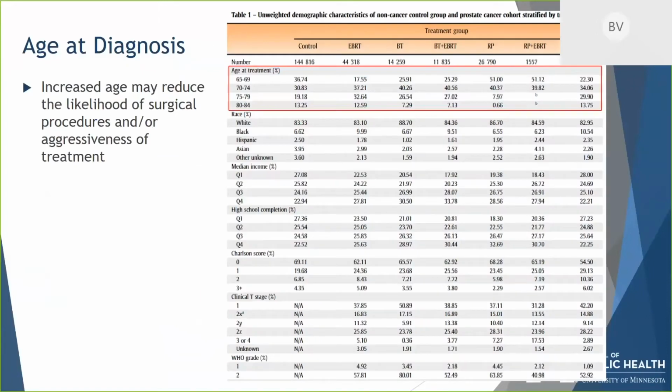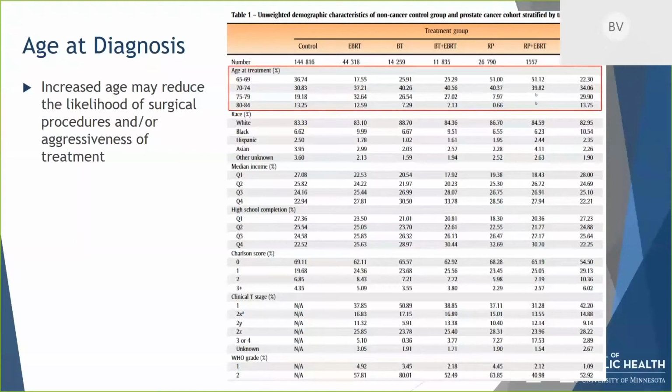So for our population, one of the reasons that you may want to include age in your treatment group descriptions is that we found increased age may reduce the likelihood of surgical procedures. We find that 51% of our radical prostatectomy patients are ages 65 to 69.